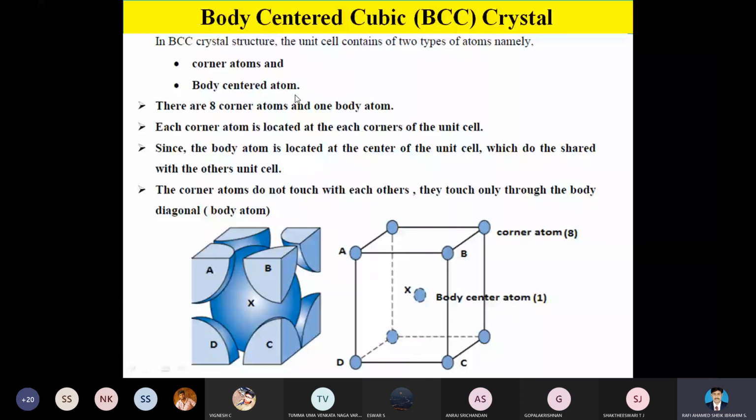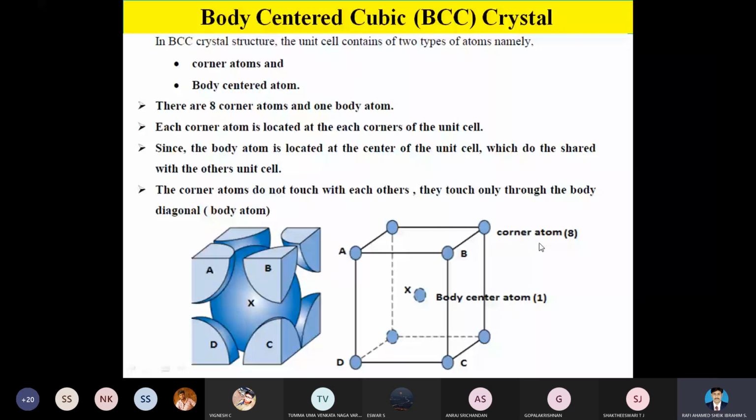So that's why we are starting the theory like this. In the BCC crystal structure, the unit cell consists of two types of atoms, namely corner atoms and body-centered atoms. We know the unit cell is a cubical one. For a cubical unit cell, we have 8 corners, and each corner is occupied by one corner atom.